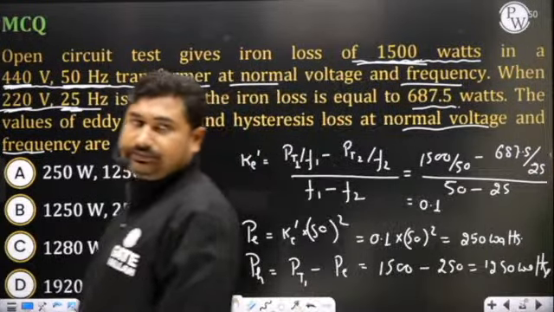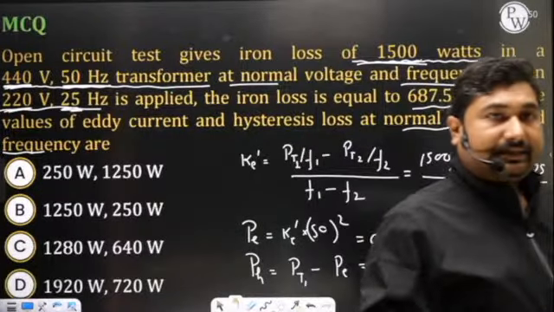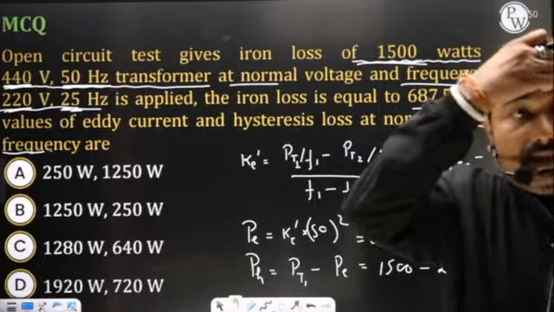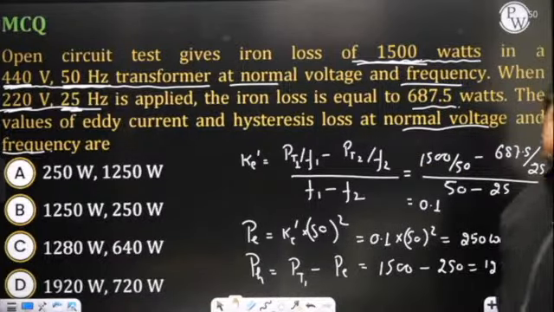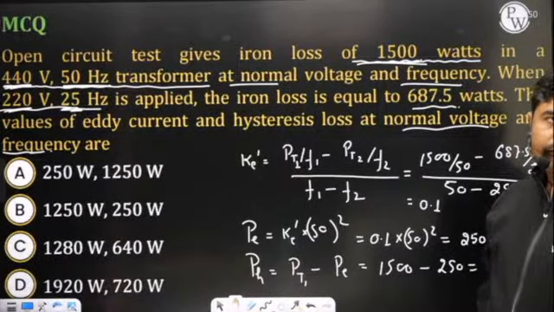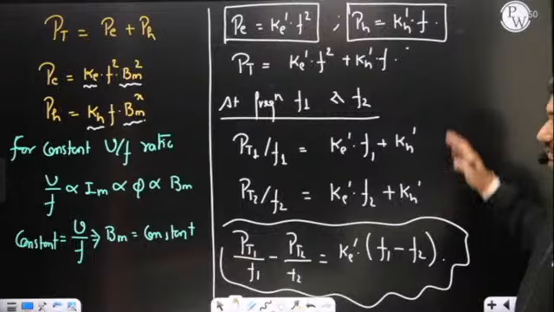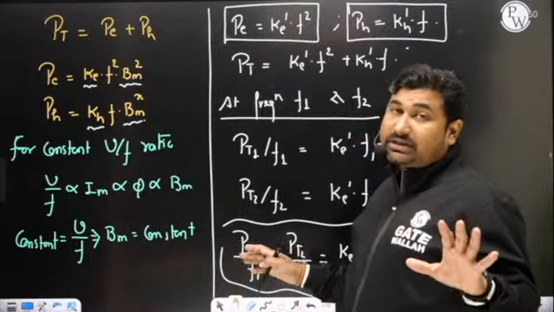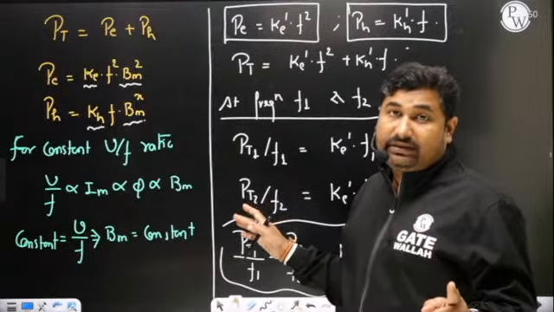That's all. Hoping you are able to understand this type of question now. Great. Let's move to the next question. Always remember this is only true when the V by F ratio is constant.